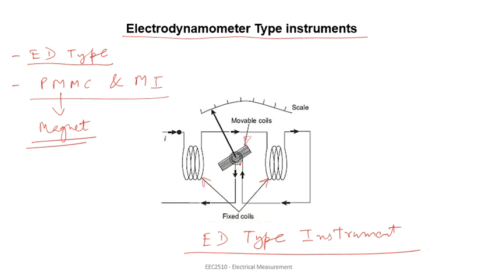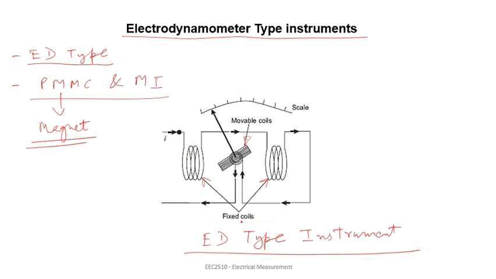When a current flows through this moving coil, the two fluxes will interact, and this will cause the coil and pointer to be deflected over this scale. Similar to the previous cases, the spiral springs will be used for providing the controlling force and connecting leads to the moving coil. So this is one major difference, that in place of a magnet there are two fixed field coils.